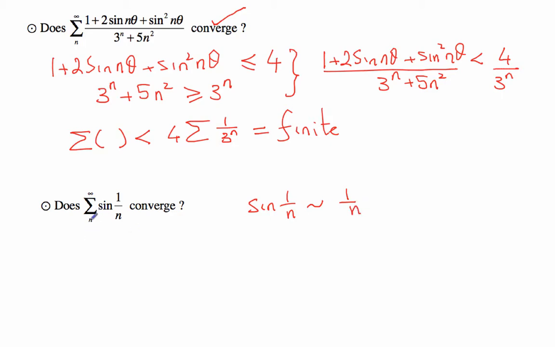And so therefore this goes as 1 over n. Now 1 over n diverges. And so when we go to very, very large values of n, this sum over here tends to infinity, which means that this will not converge, it will diverge.